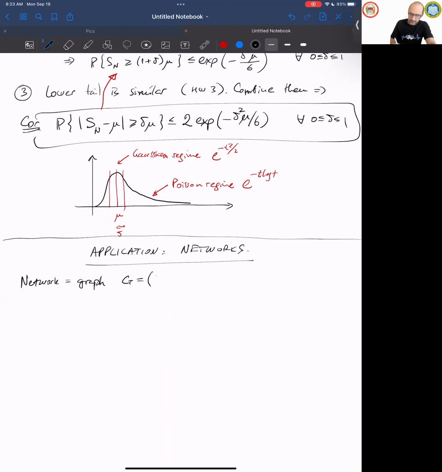And if you want to specify a graph, you specify the set of vertices and the set of edges or connections between them. So for example, this will be a graph. I will connect some of the vertices, maybe not all of them, just like this. There are these 5 vertices, and there are some connections between them.